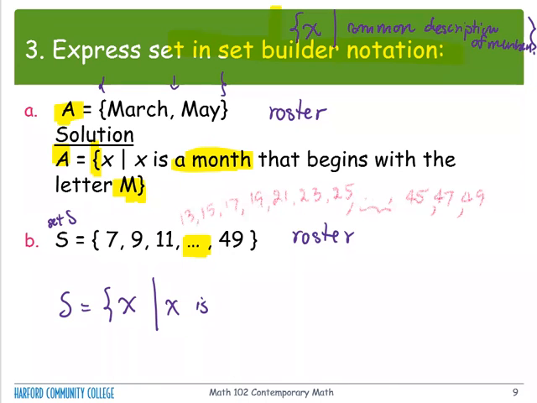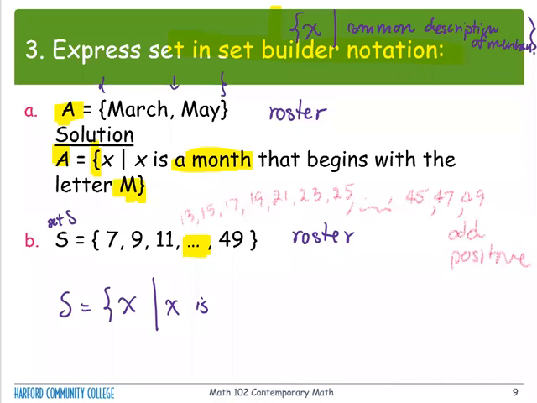Looks like 7, 9, 11, they all are odd. One common property, and we'll make a list on the side here: they all are odd numbers. They are all positive numbers, but not all of the positive numbers. They're just a portion of the positive numbers, and they are odd. You begin with 7, you end at 49.